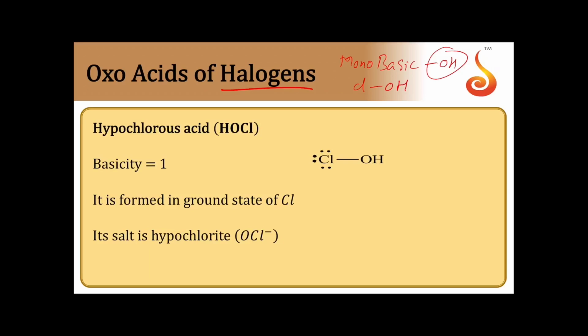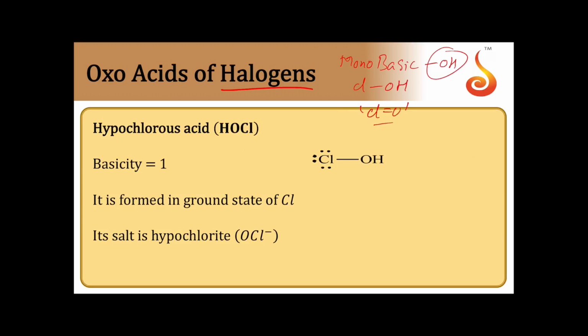And then the chlorine forms double bonds with all the other oxygen atoms present. So in all oxyacids, chlorine has one OH group, and the remaining oxygens form multiple bonds, double bonds, with the chlorine atom.